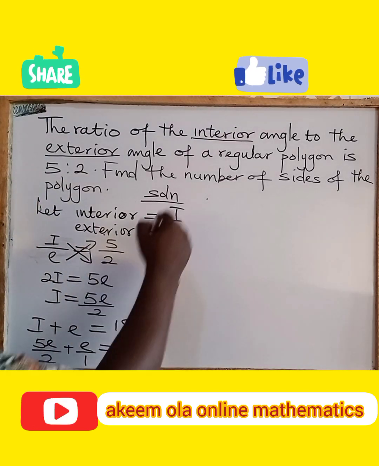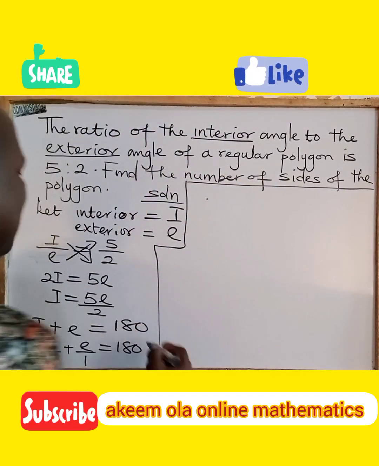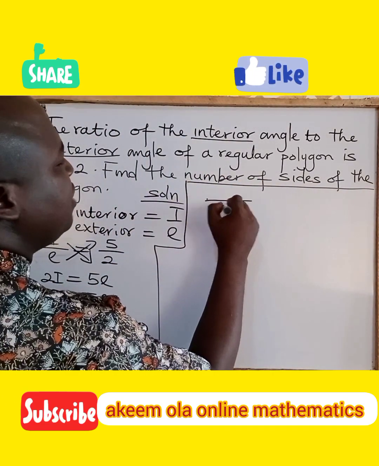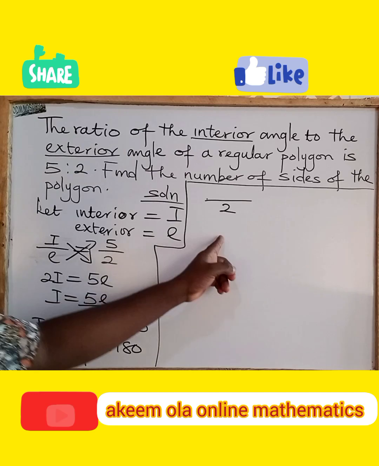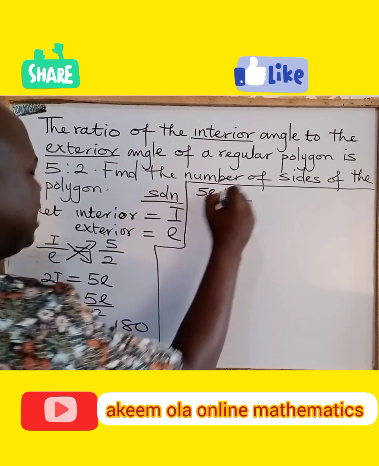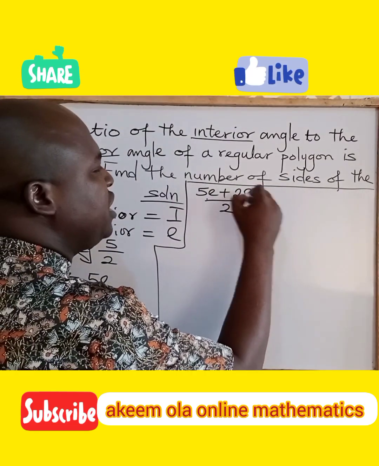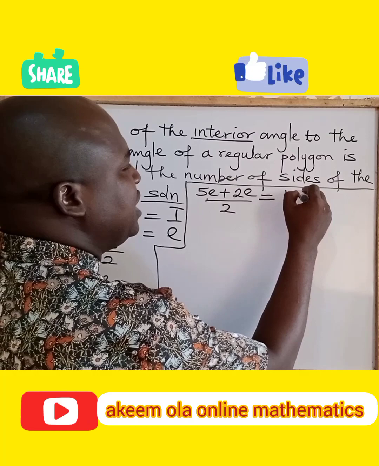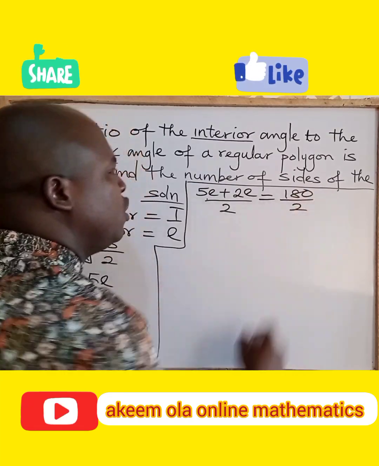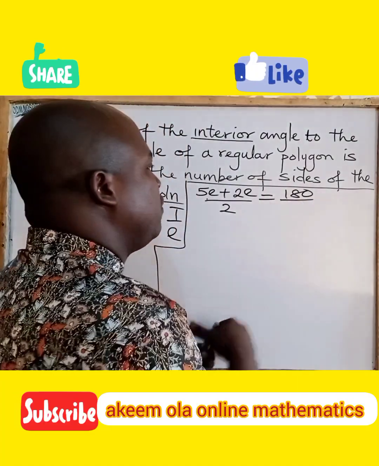From here, we can find the LCM of 2 and 1, which is 2. 2 into 2 is 1, 1 times 5E gives our 5E. Then 1 into 2 is 2, times E gives 2E, equal to 180 all over 1.